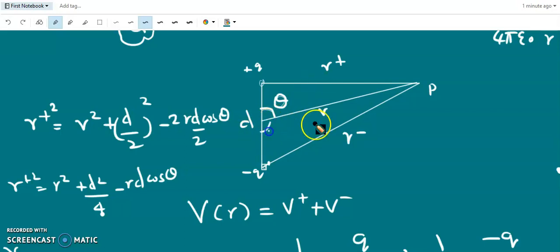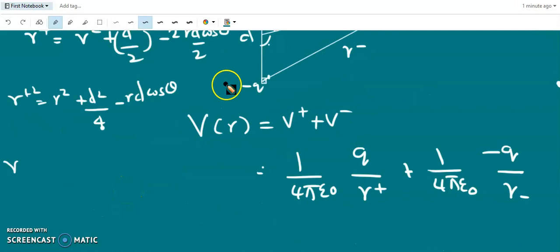We have d by 2 square plus r square plus r into d by 2 cos 180 minus theta, which is minus cos theta. So minus minus will be plus over here, and we have r minus whole square is equal to r square plus d square by 4 plus rd cos theta.